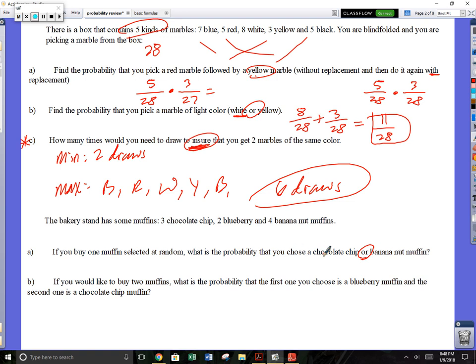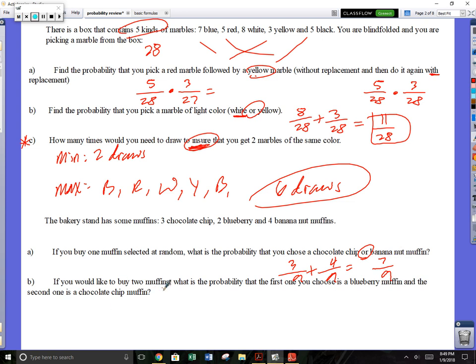So there are 3 plus 2 plus 4, so there are 9 muffins total. The chocolate chips, 3 of the 9 are winners, plus the banana nut muffins, 4 of the 9 are winners. So I'm going to take my 3 winners plus my 4 winners. I have 7 chances out of 9 to make that happen. So pretty good odds.